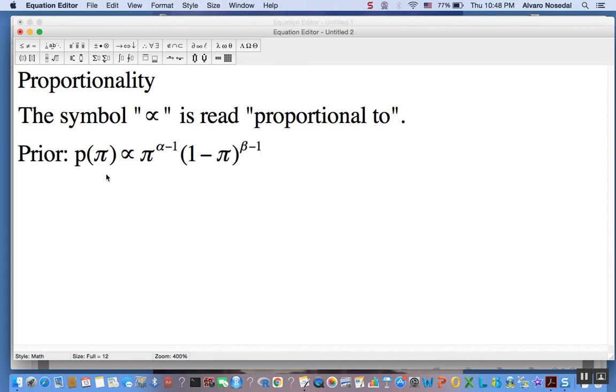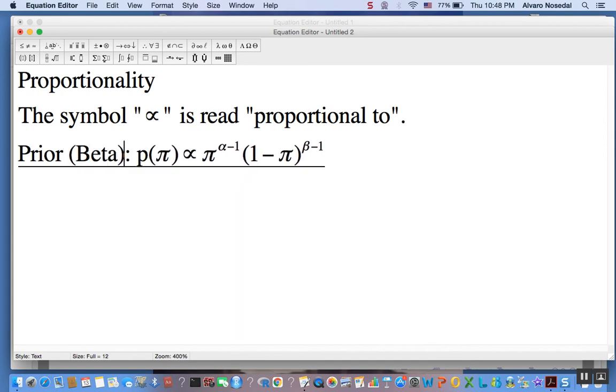So our prior was a beta. Thanks to that proportionality symbol, I am ignoring the constant that comes along with the PDF of the beta. I'm just saying it's proportional; I know that the PDF looks like this up to a constant. So that was our prior.